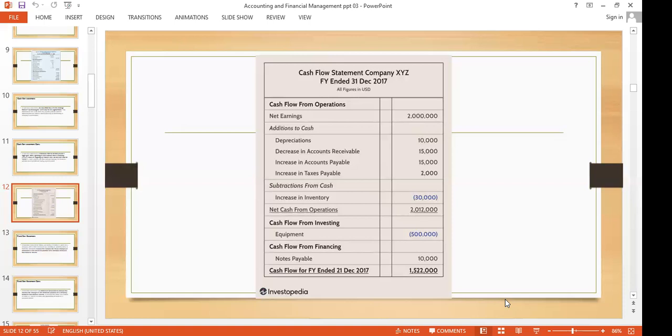Have you any questions from the cash flow statements, or any clarifications? Please tell me, have you any clarification?